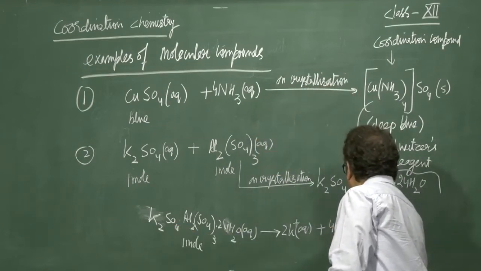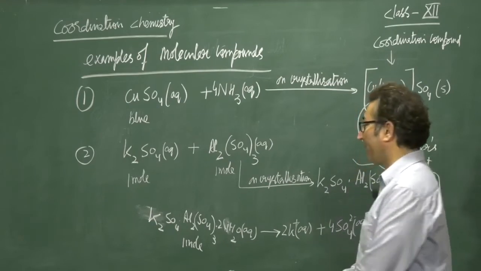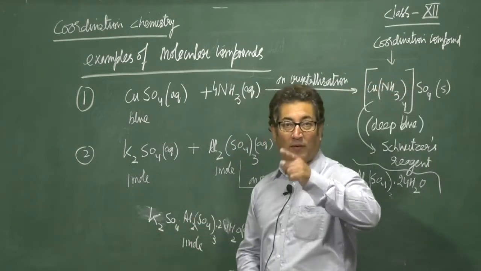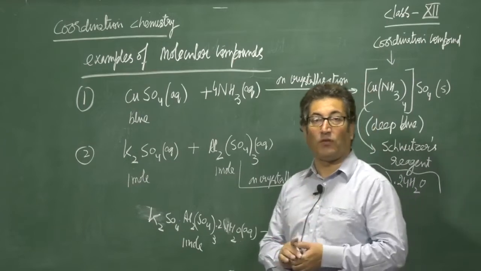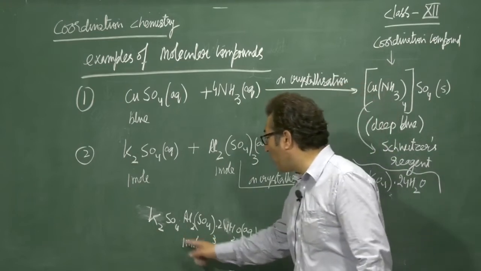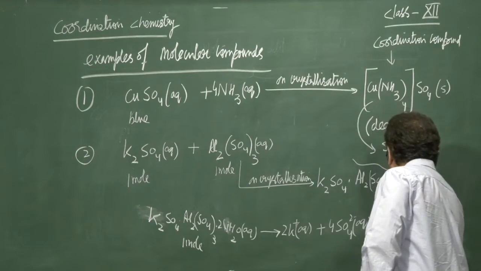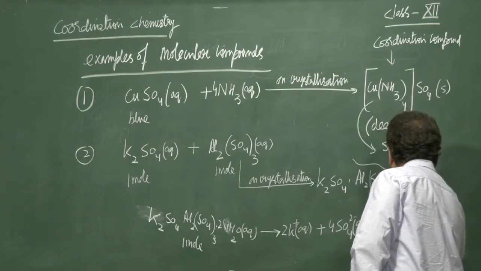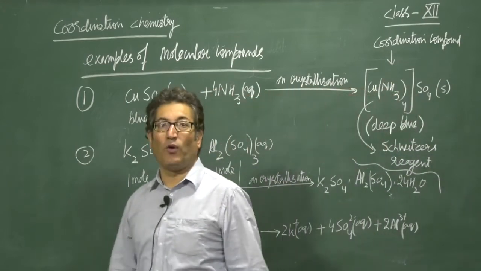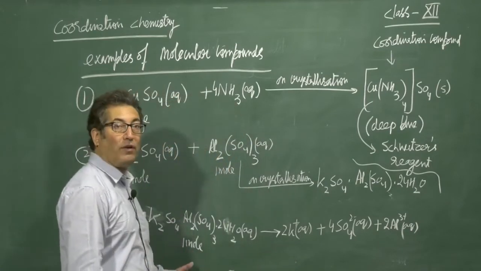Therefore, it will give you 4 moles of sulfate ions. One molecule contains 2 aluminium. Aluminium is present as Al3+. You know very well in salts, aluminium is present as a tripositive ion. Therefore, 1 mole will contain 2 moles of aluminium ions, so it will be twice Al3+ aqueous. So what has happened to the double salt? It's no longer the double salt.